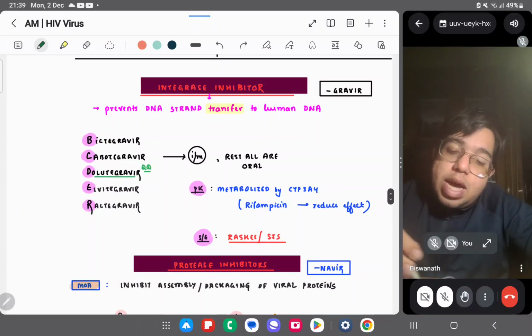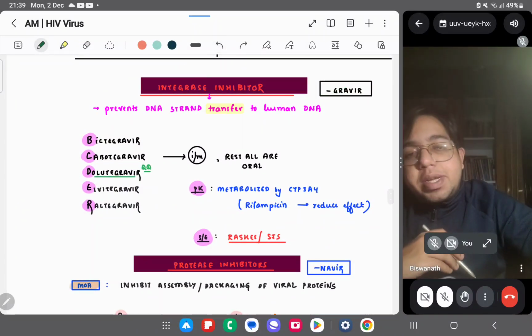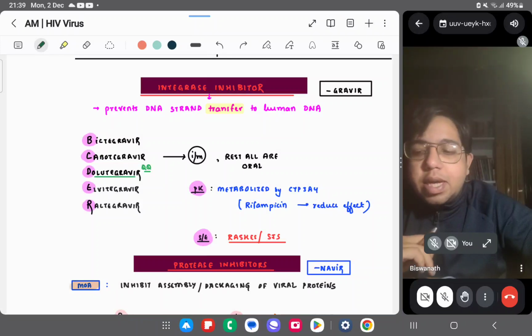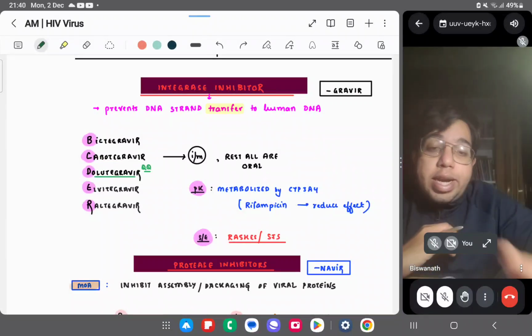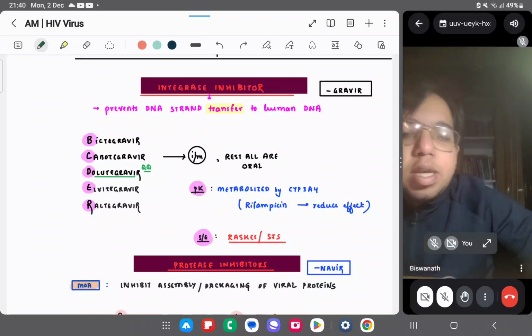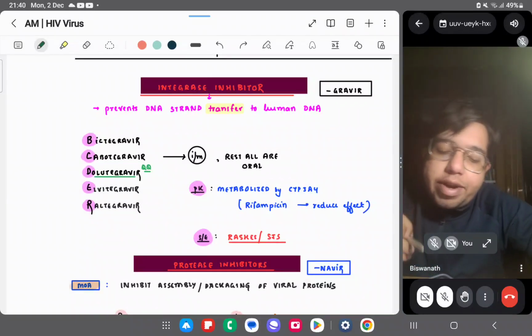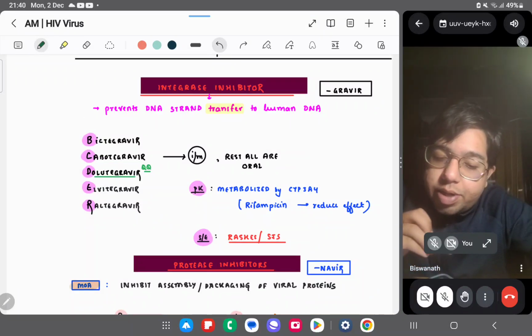Okay, let's talk about integrase inhibitors now. We talked about entry inhibitors and reverse transcriptase inhibitors. Integrase inhibitors, just remember, the drugs will end in gravir, preventing DNA strand transfer to human DNA.